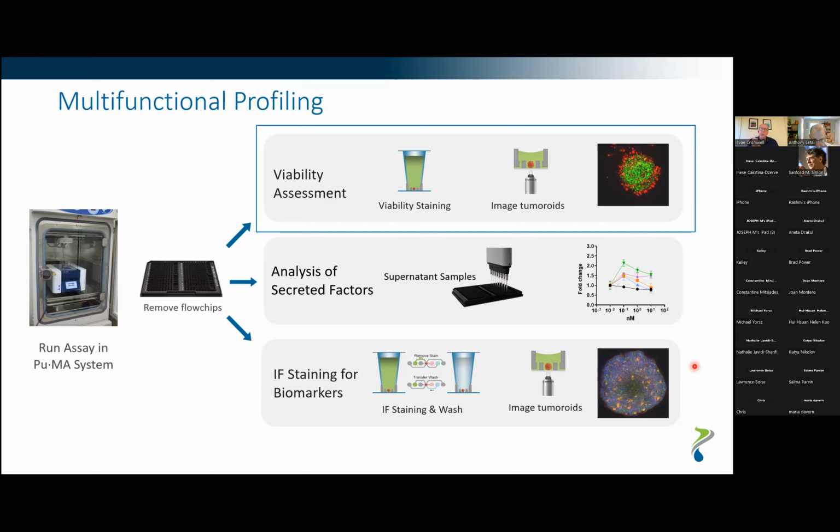And so being able to do all these on the same tumoroid sample, the same organoid sample, is really powerful, because now you can follow the organoid by organoid. You can look for the heterogeneity in organoid formation. If you think about what drug discovery has done, they try to make the samples as homogeneous as possible.